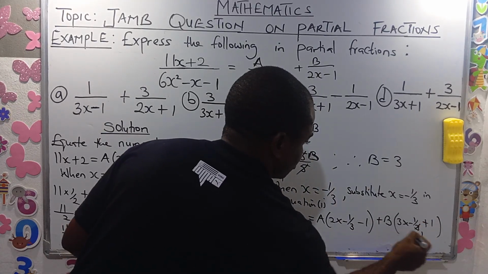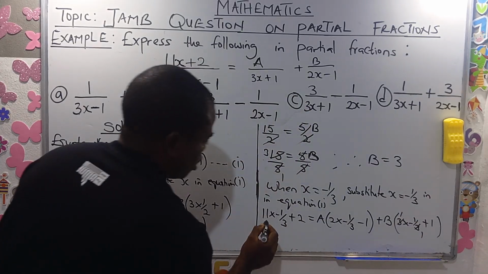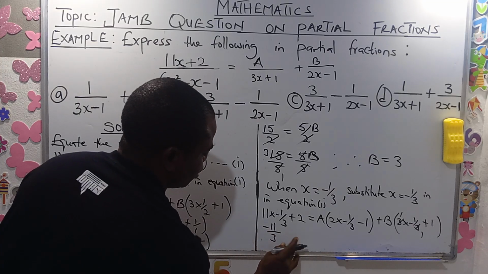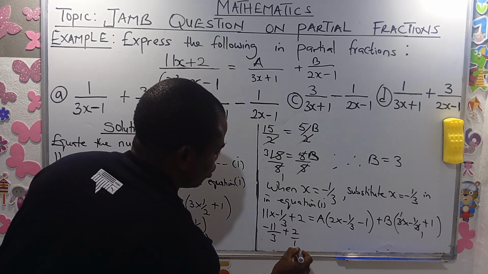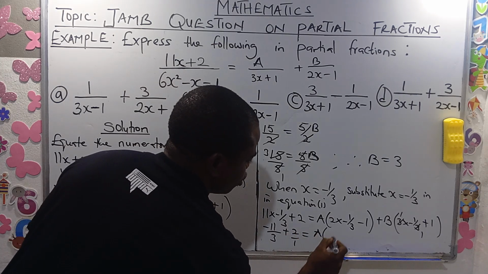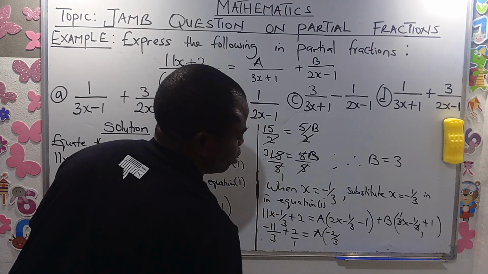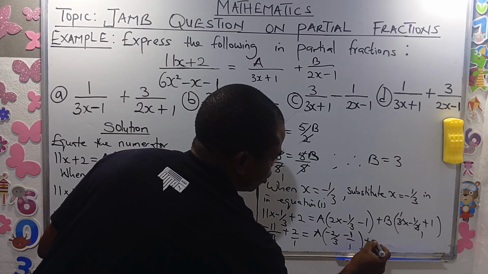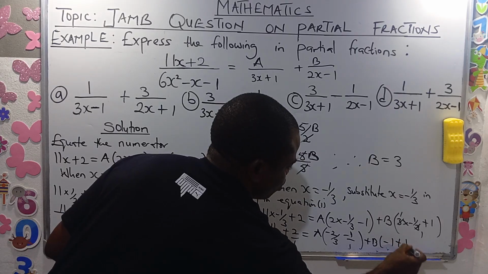Now 3 in 3, 1, cancels out. We're having 11 times minus 1, that's minus 11 over 3, plus 2 over 1, equals A into 2 times minus 1, that's minus 2 over 3, minus 1 over 1, plus B into minus 1. We are left with minus 1 here plus 1.